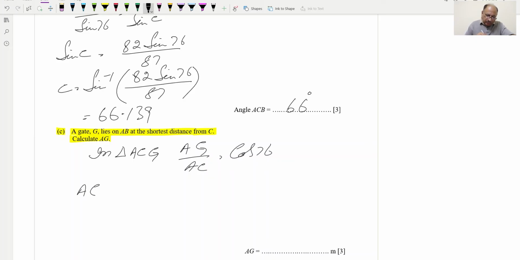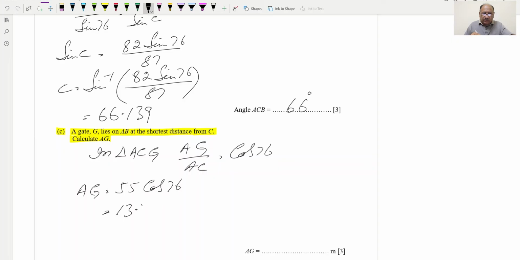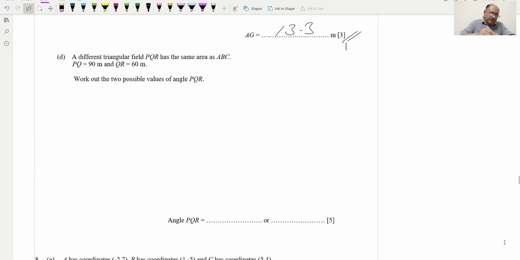So AG will be equal to 55 cos of 76, and this is equal to 13.30, or we can write 13.3, and this will be in meters, so 13.3 will be the final answer for this question. You got this.